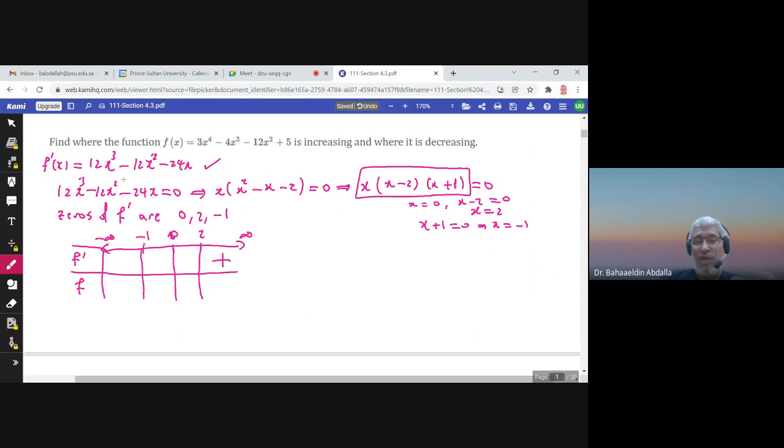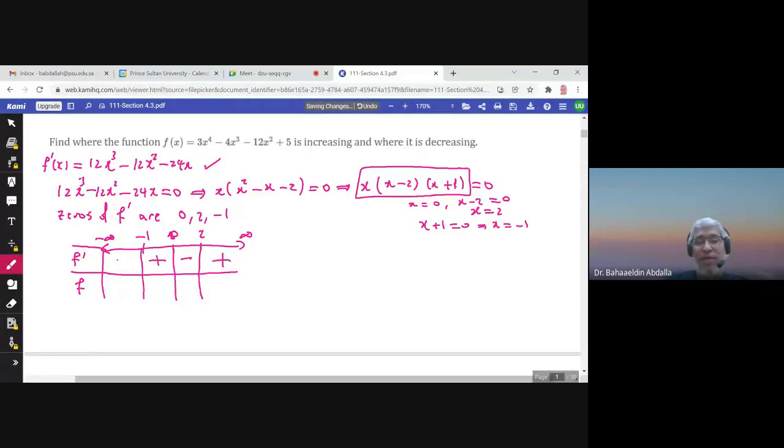Any degree 3 polynomial will have at maximum three zeros. Because a zero of multiplicity 1, the function changes the sign around that zero.